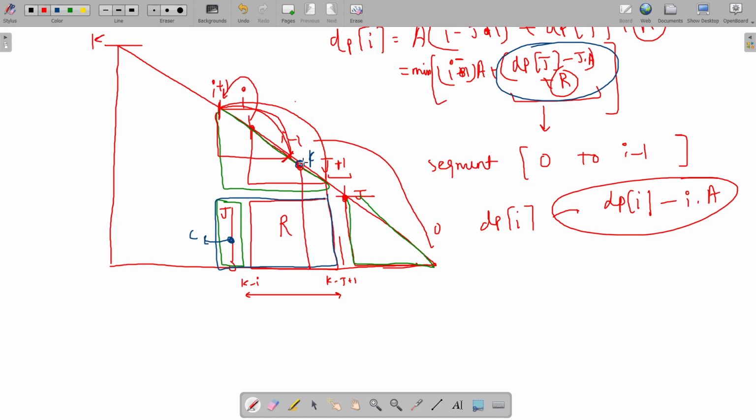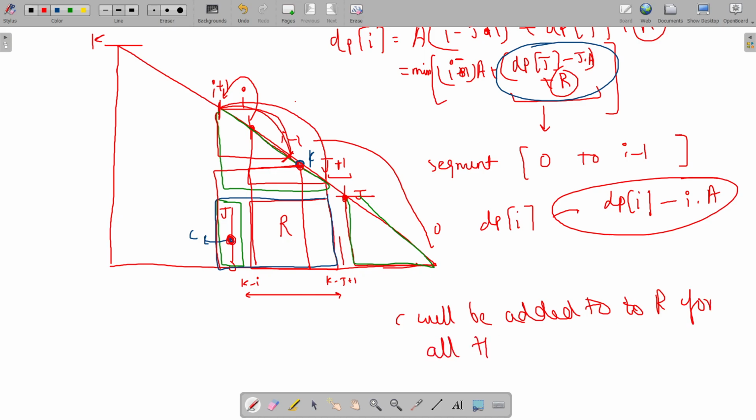In the previous iteration it had this region, but now for this point the region will also increase, right? So this C will be added to the region R, for all the heights.